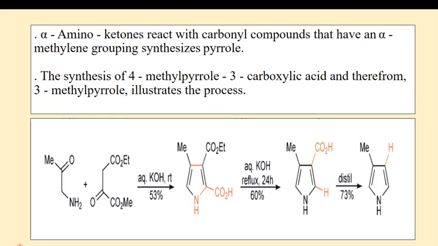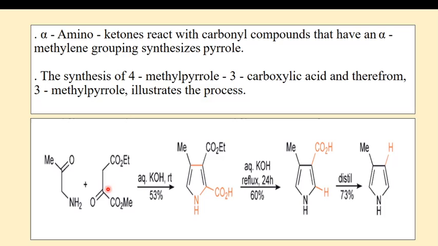Then alpha amino ketones react with a carbonyl compound that has an alpha methylene group, synthesizing pyrrole. So these are the two important reagents, and aqueous KOH is required. These two are alpha amino ketones and carbonyl compounds.